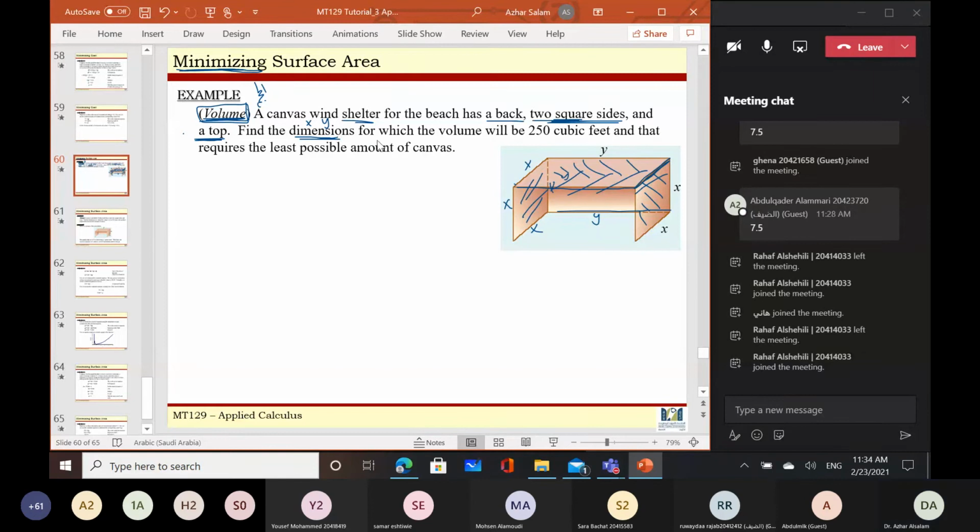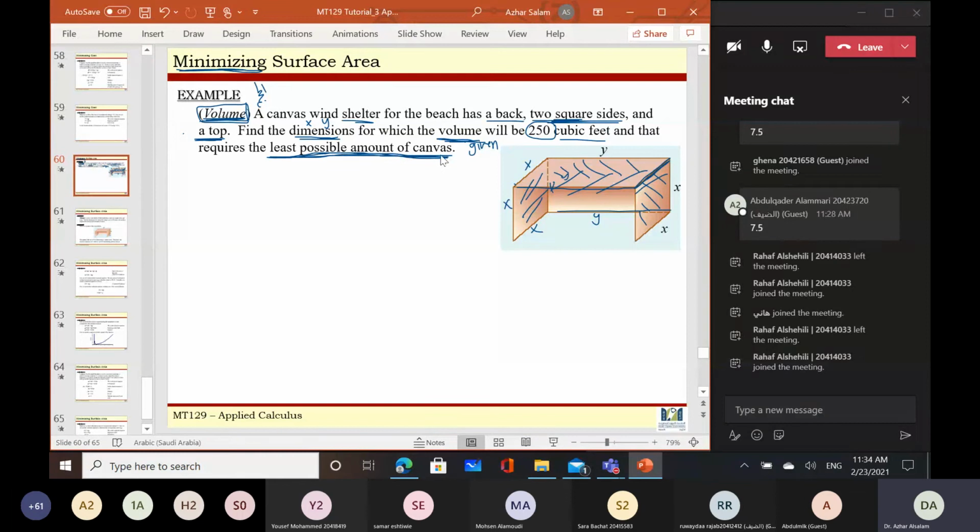Okay? For which the volume will be 250 cubic feet. So the volume is given. It's not the function to minimize or maximize. And that requires the least possible amount of canvas. So this will be my function to optimize.